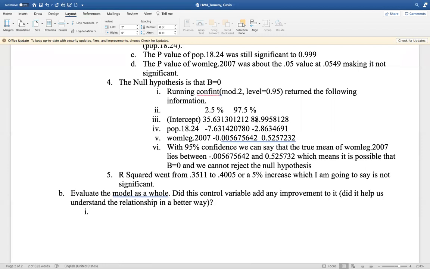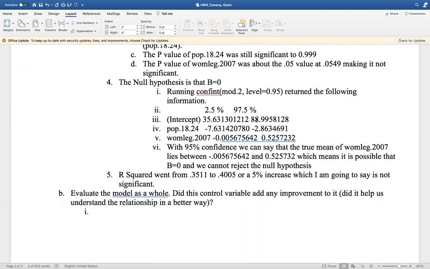But then if we look at women.2007, we are 95% confident that the true mean of women ledge 2007 lies between a negative 0.005 yada yada yada and 0.52, which is a positive number.